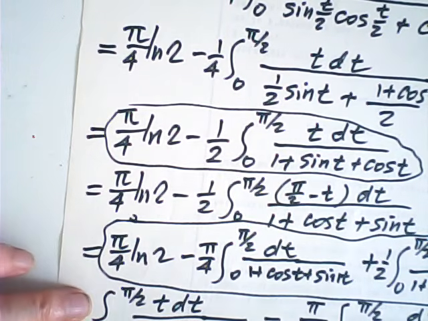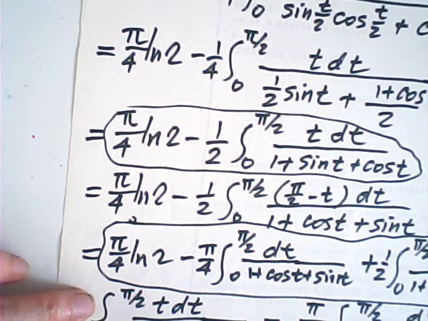So 1/2 of 1/4 would be an eighth, times the integral of dt over 1 plus cosine t plus sine t.